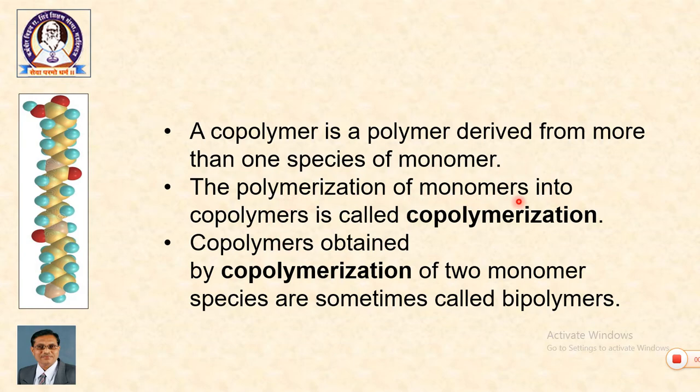The polymerization of monomers into copolymers is called copolymerization, and copolymers obtained from two monomer species are sometimes also called bipolymers. The other term is heteropolymer. So, this is about copolymers and homopolymers.